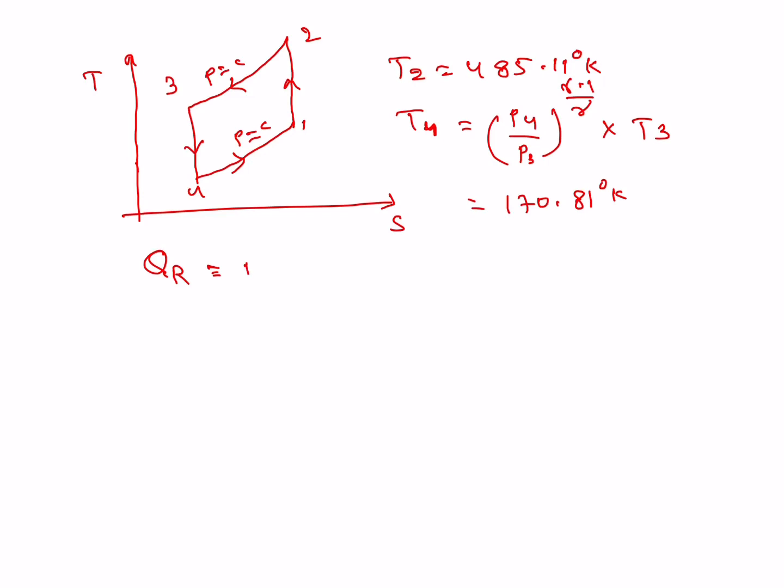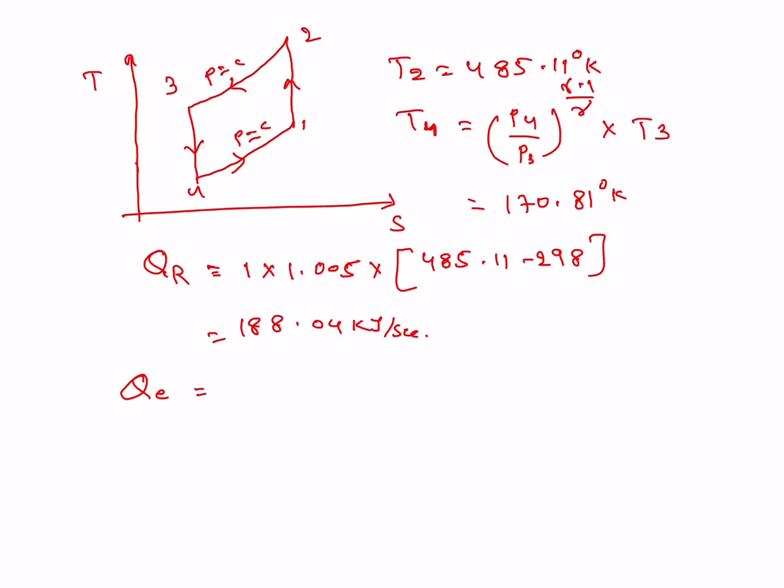Then QR you can calculate. How much will it come? 1 into 1.005, m Cp dT, 485.11 minus 298. QE also you can calculate.